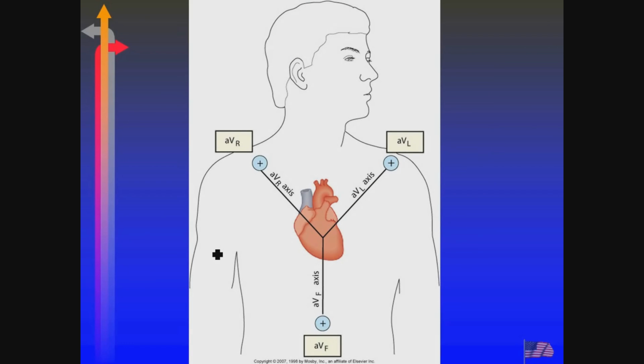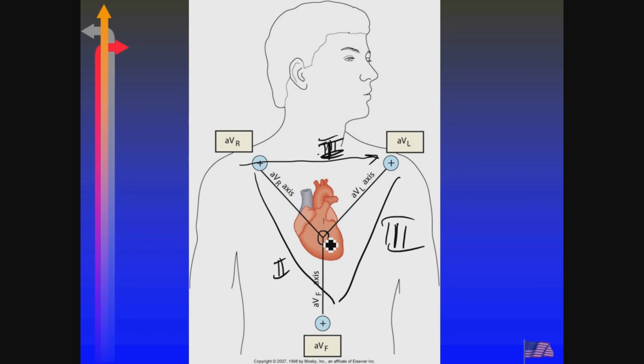The AV are kind of funky ones. The AV leads go from the center of that triangle. Remember I said I had lead 1, lead 2, lead 3.